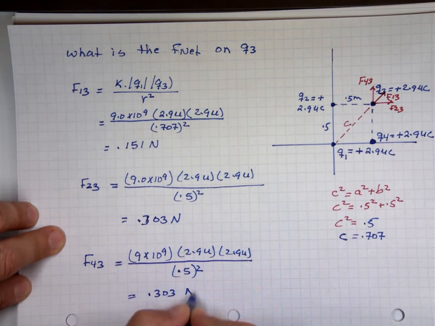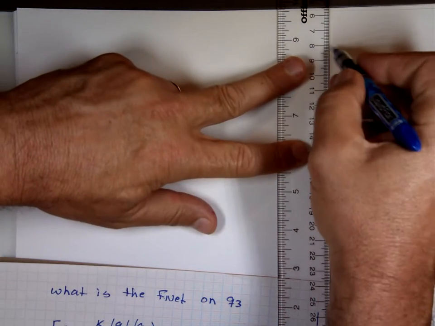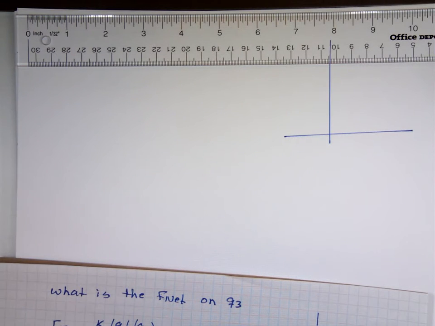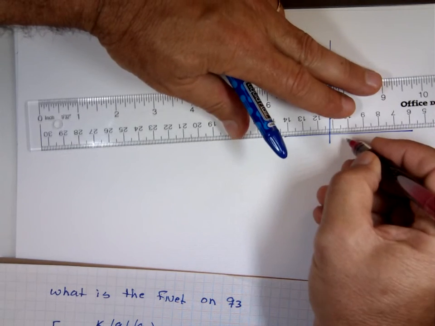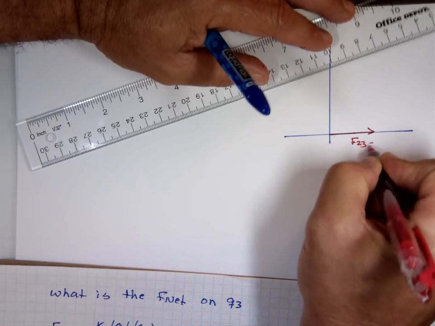And now I got all my forces. And I just got to find the net result. Then I'm done with it. Let me draw these, clean them. This is what I'm looking at. I'm going to enlarge the forces. I got the first one, F23 in this direction, which equals 0.303.